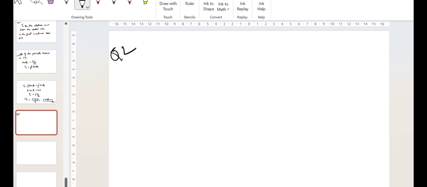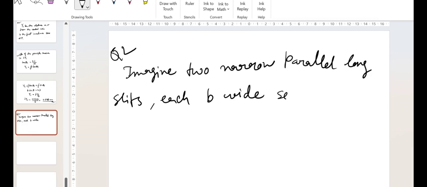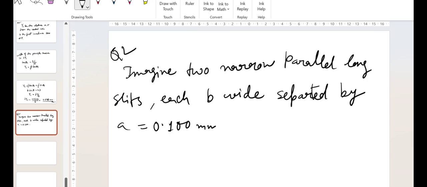Question 2. Imagine two narrow parallel long slits, each b wide, separated by a, which is 0.100 millimeter.